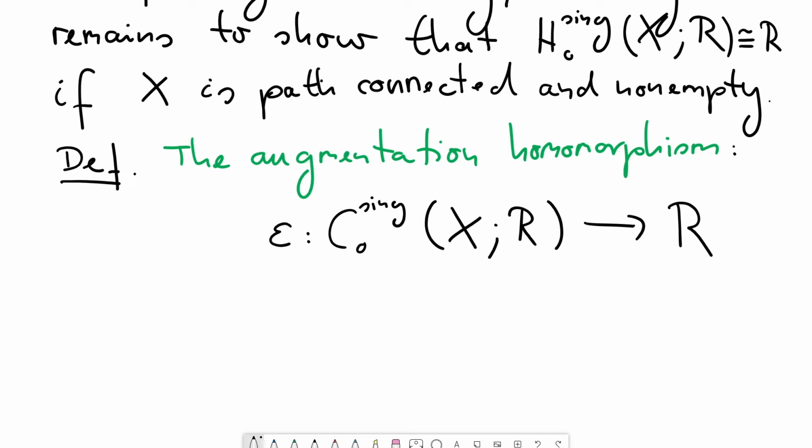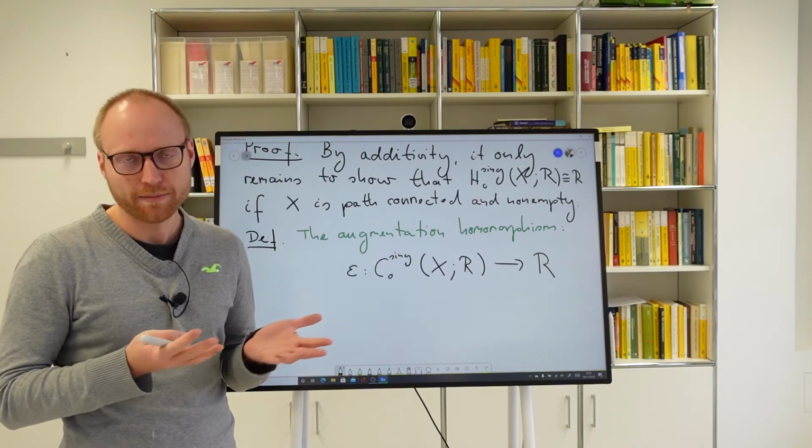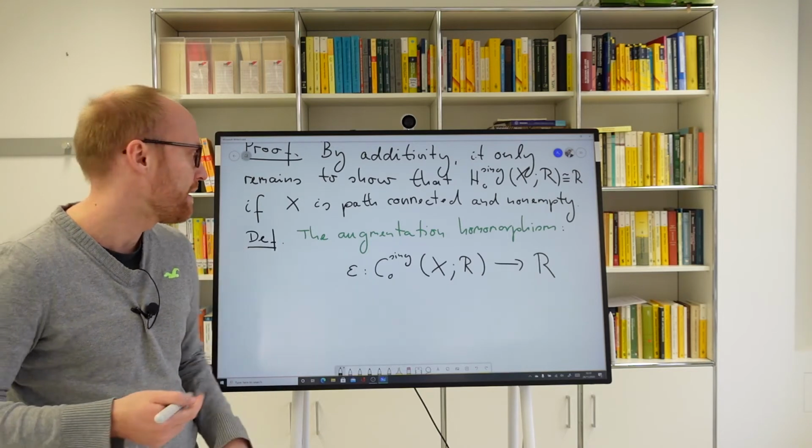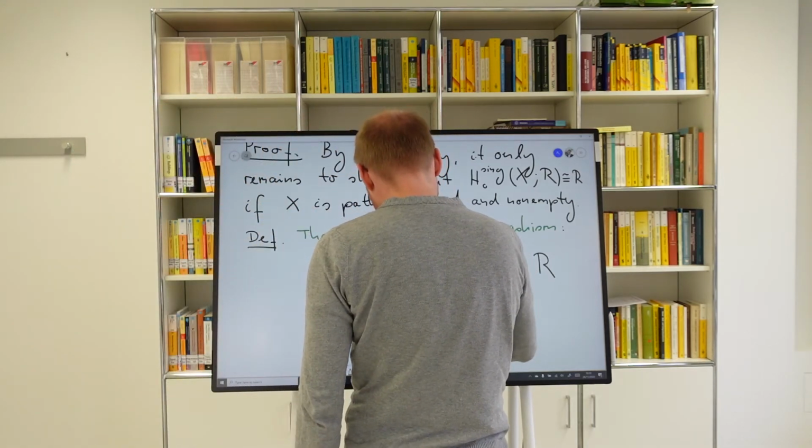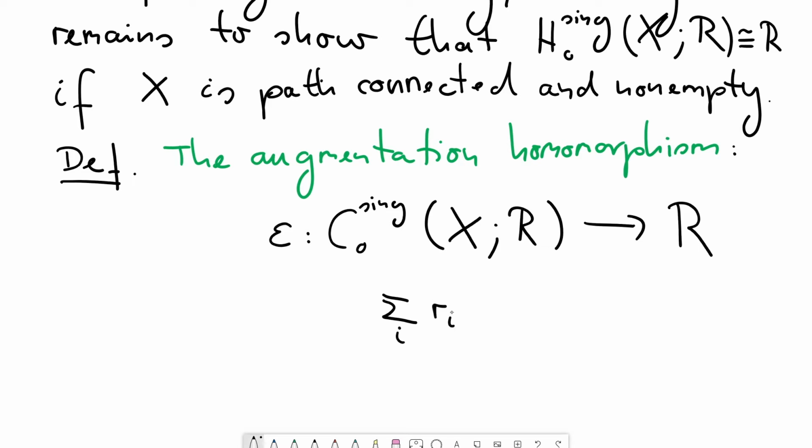And how's it defined? Well, a singular zero chain is nothing but a formal linear combination of singular zero simplices, so basically points in the space. So let's take such an element, the sum over i of r_i sigma_i. So such a formal linear combination of zero simplices, which we index by i, and the coefficients now come from the ring R. Yeah?